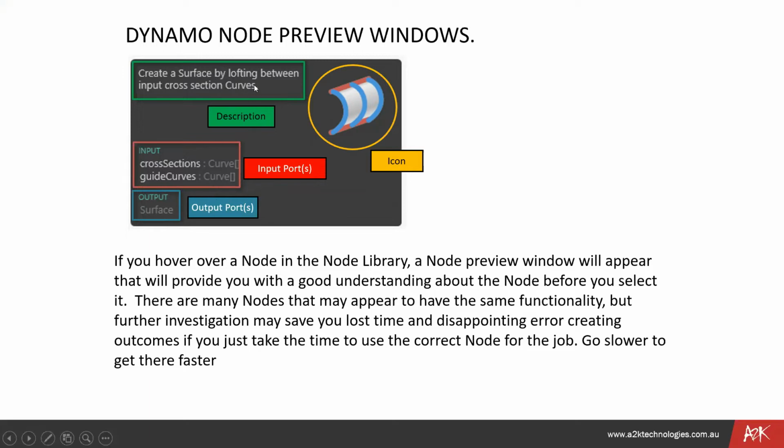So do be aware that sometimes the node may sound exactly the same, but you'll see the input is a bit different, and you'll know if you've got a curve or a line. Just as an aside, particularly when you're dealing with a lot of geometric stuff, basically a line is a curve. A line is always implying it's going to be straight, whereas a curve is a bit more fluid. So generally, lines are curves, curves are lines.